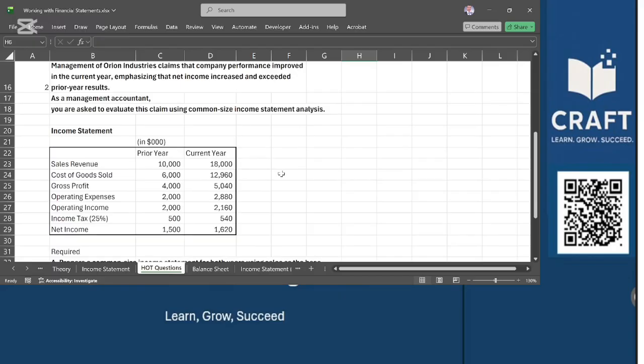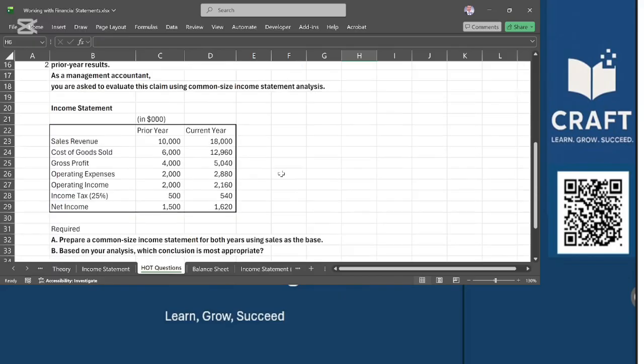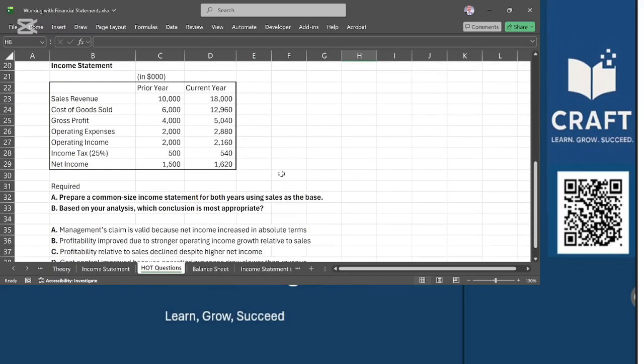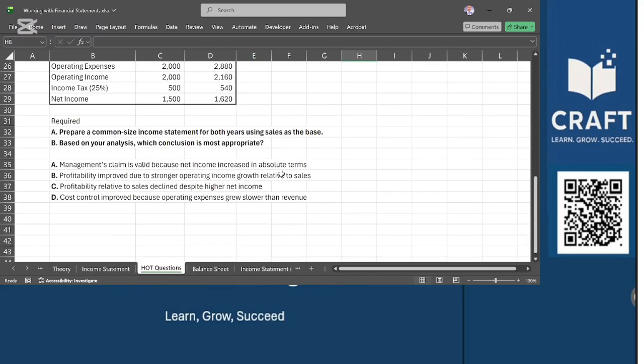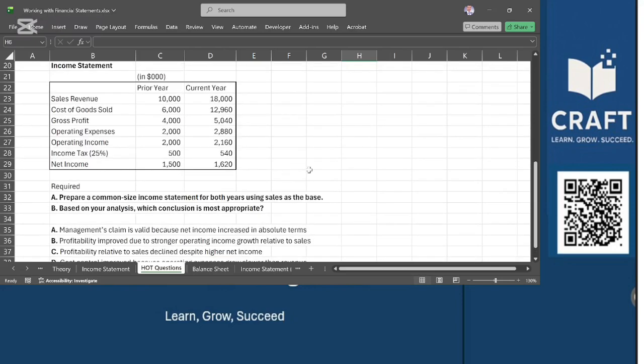Looking at the financial statement, we need to prepare a common size statement, and we need to look at which conclusion is most appropriate. So let us calculate the prior year's percentage and current year percentages.